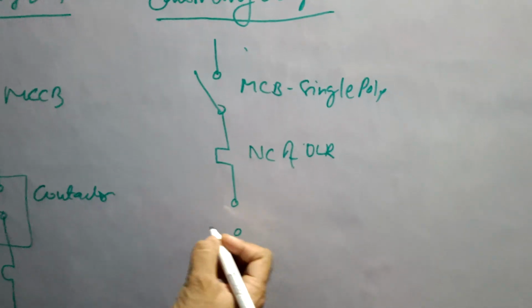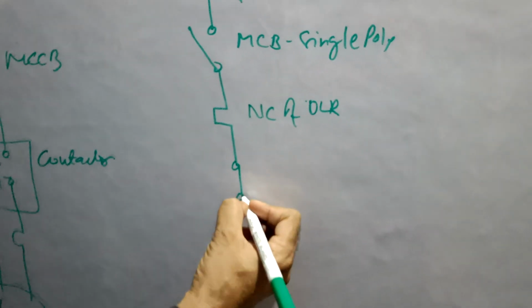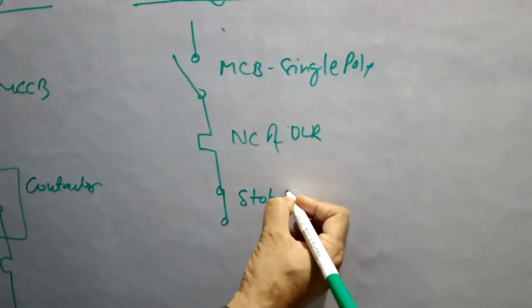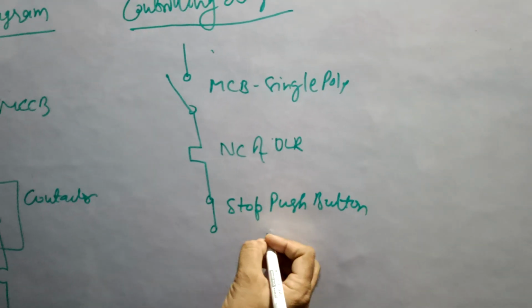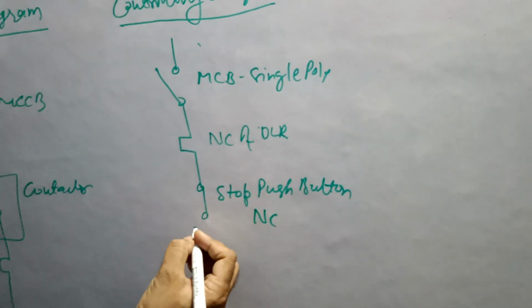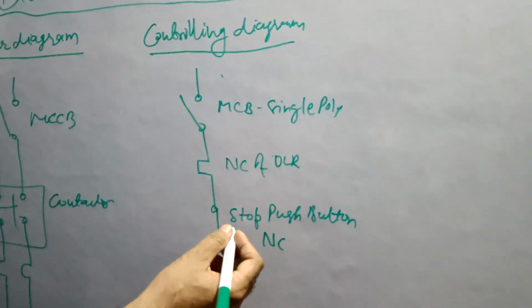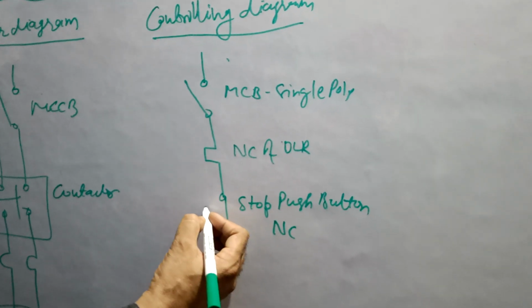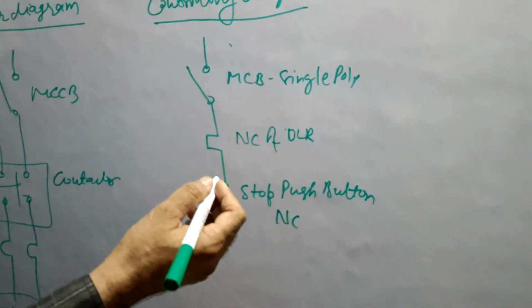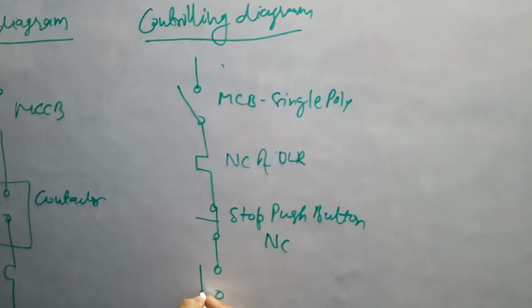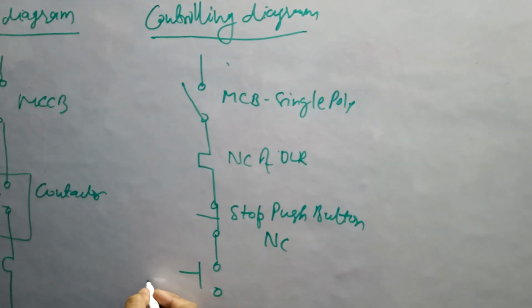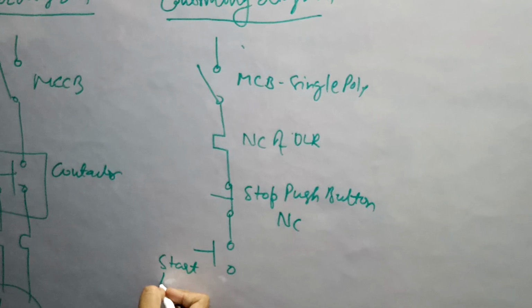Then we will take the stop push button. It is also called NC because it is in the normal position. It is normally closed. When we push it, it converts to the normally open position. Then we will connect the NO push button, also called the start push button.